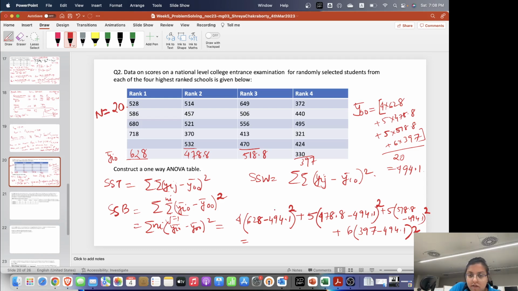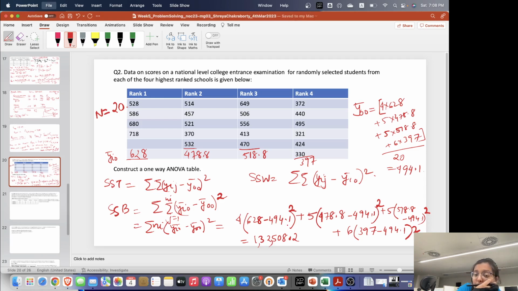I think there's a shift in the decimal. 132,508.2. Yes, this is what I got. Okay, so we have 132,508.2. This is the sum of squares between.